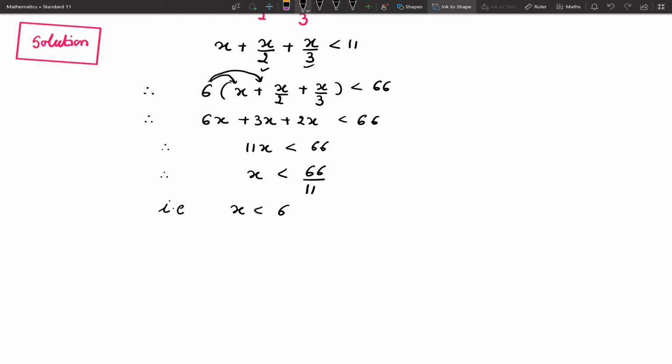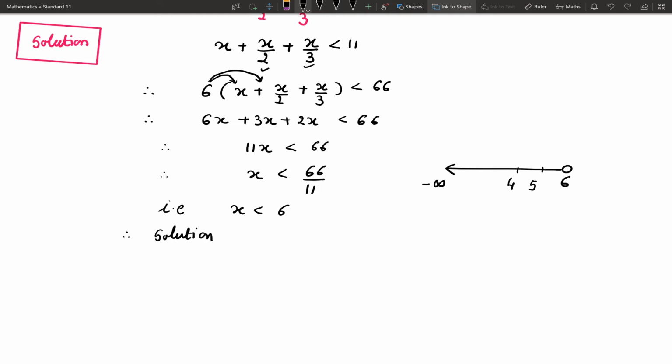So to omit 6, we use a hollow circle for this one. If you want to include 6, then you have to put a dark circle. 6, 5, 4, etc. This side it will tend to minus infinity.